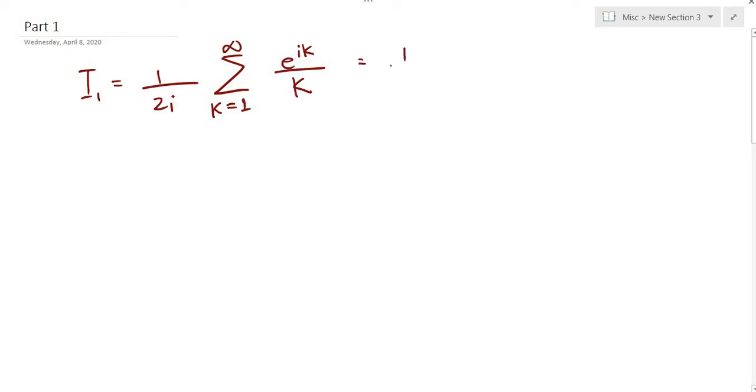Because we can rewrite this as 1 over 2i times the sum from k equals 1 to infinity of e raised to i, the whole thing to the kth power, divided by k. So is there any Taylor series where you have a variable to the power of the index divided by the index?